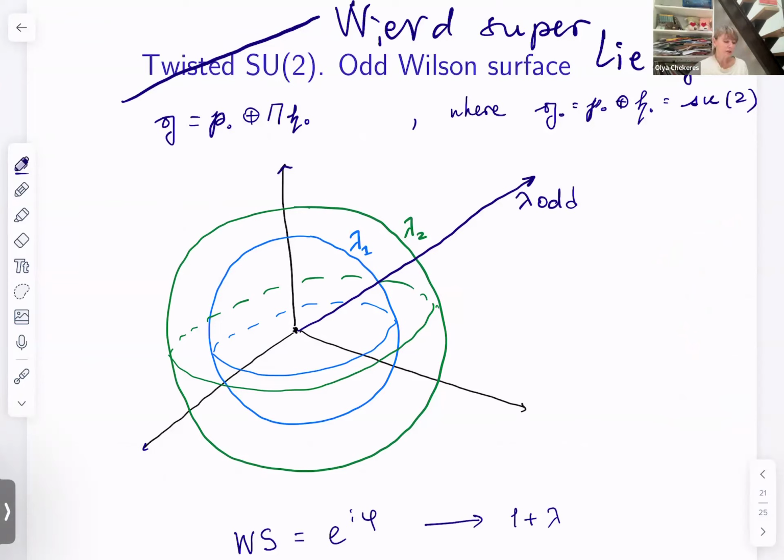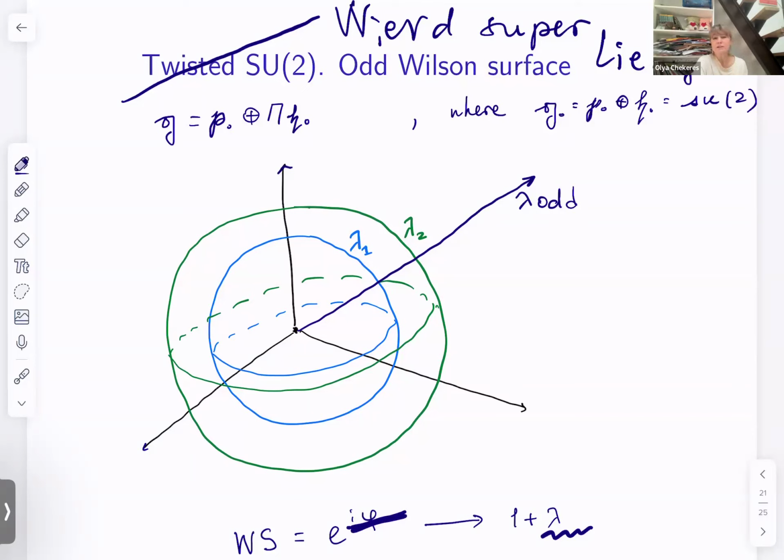So what we wanted to do is to get that element corresponding to the orbit representative to make it odd, which enters into that phase factor, into this exponent of the Wilson surface. We just wanted to make it odd.